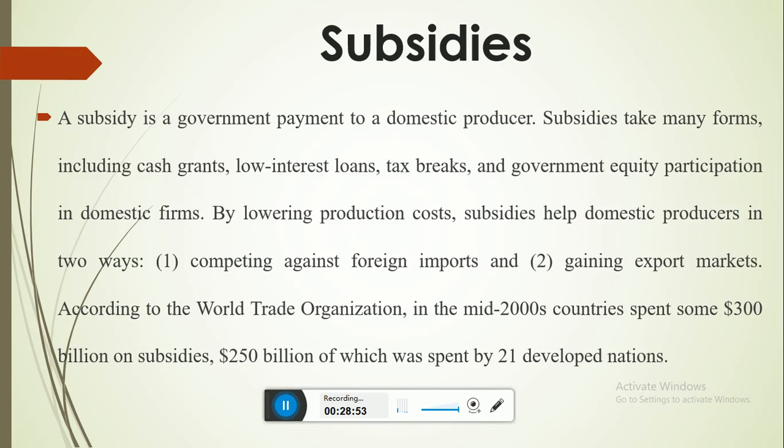I think those are called incentives. A subsidy is a government payment to a domestic producer. It can take different forms: a low-interest loan, a tax break, or government equity participation.